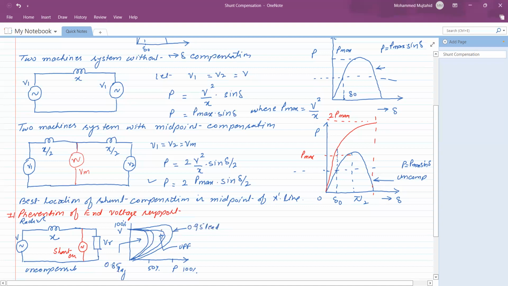So here the voltage is not equal, and it is going to collapse earlier because it depends upon the power factor of the load.